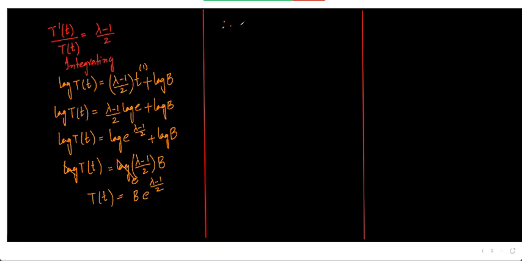Therefore the complete solution of equation number 1 is what we have assumed: u of x comma t is equal to, we have assumed that capital X is a function of x and capital T is a function of t, and I got my answer. What did we get?